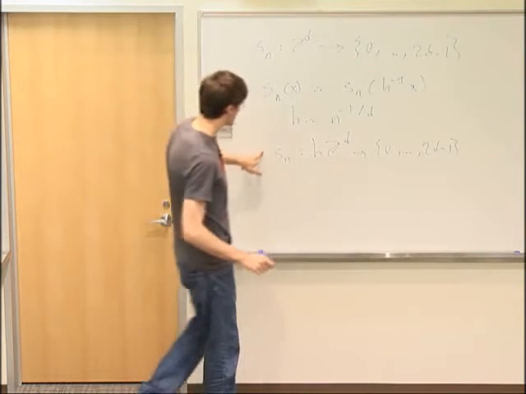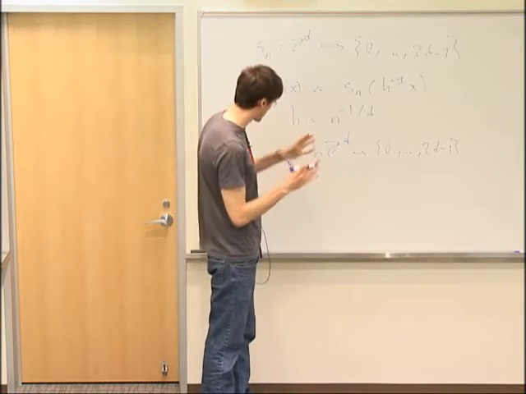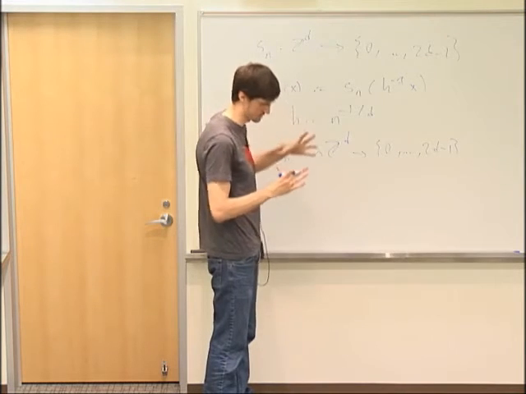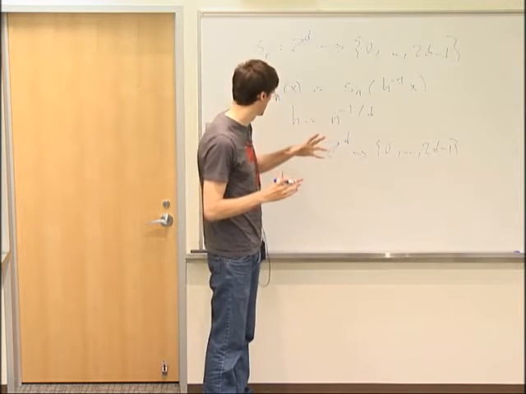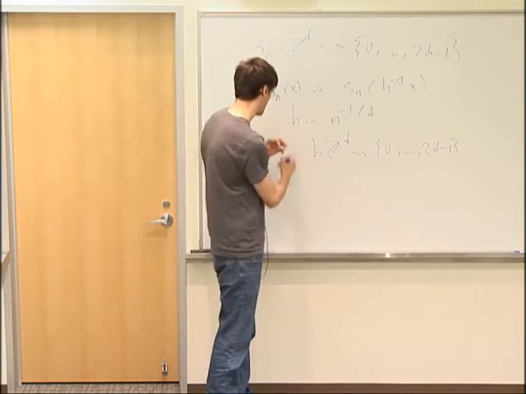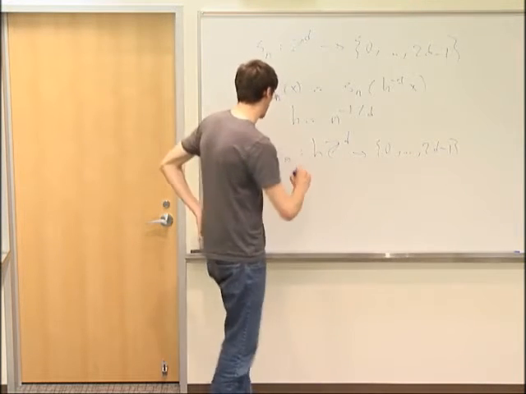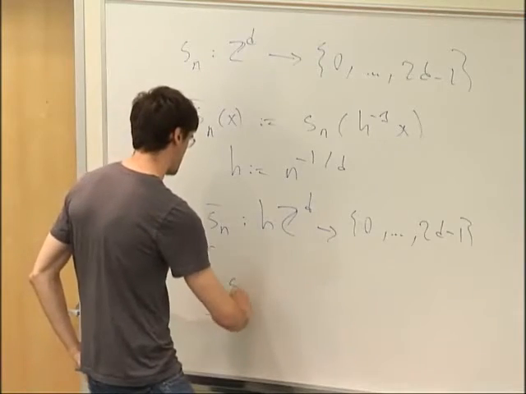Okay, so if we do this, S_n is going to stay bounded. The support of this is compact, independently of n. And even better, you can check that the mass is constant.